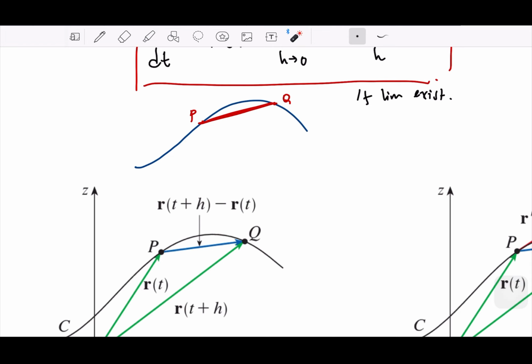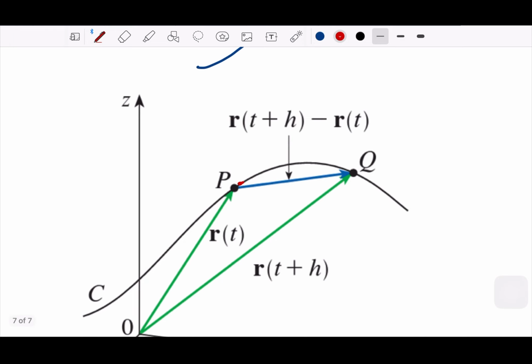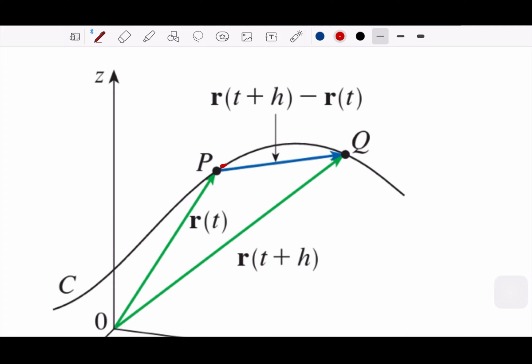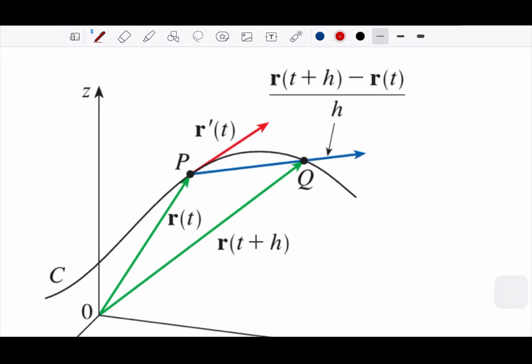Okay, and now when we imagine that Q moves to some point nearby this P, maybe here, if we describe this as the point that we want, then we describe the condition here as our tangent, right? Remember the tangent. So we have a tangent here, which we can describe as our tangent r prime. Okay.